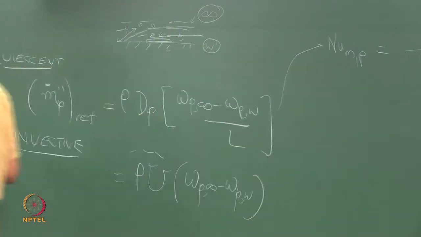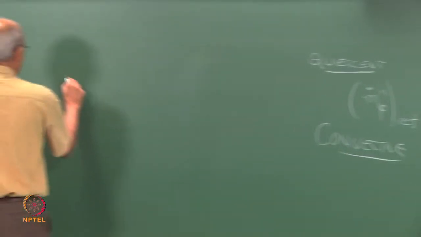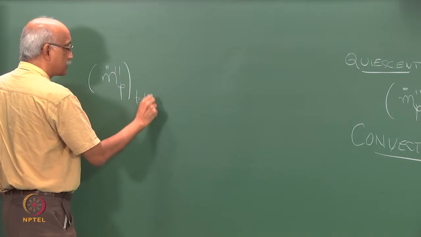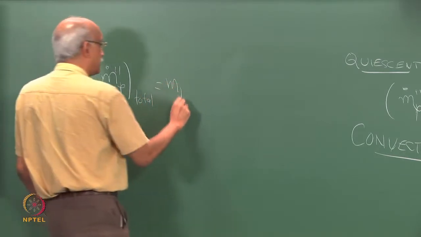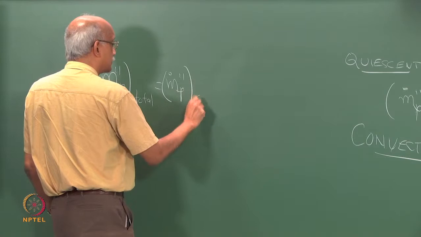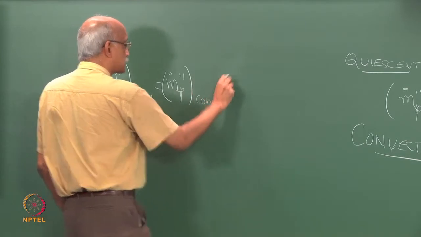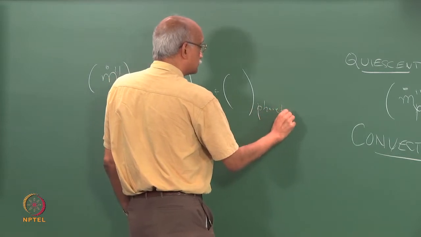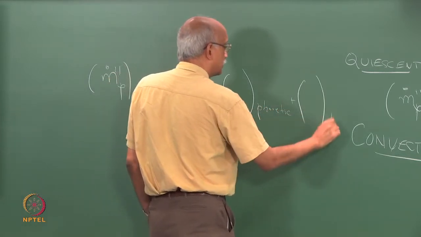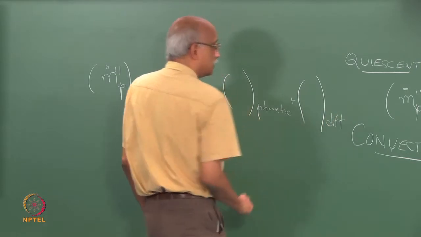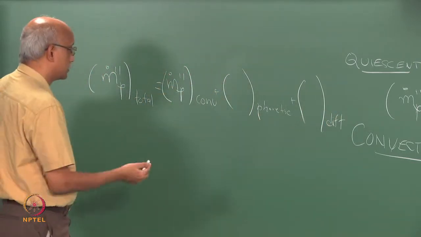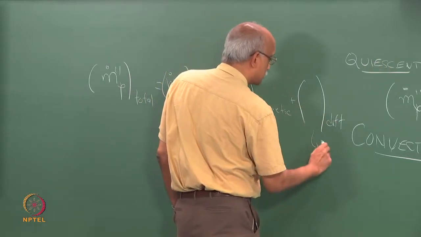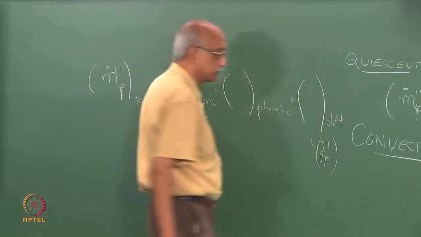If you remember the expression we wrote last time for total mass flux of particles, m_p dot double prime total, it had several components: m_p dot double prime convective plus phoretic plus diffusive, and this diffusive part is what we are referring to as j_p dot double prime.